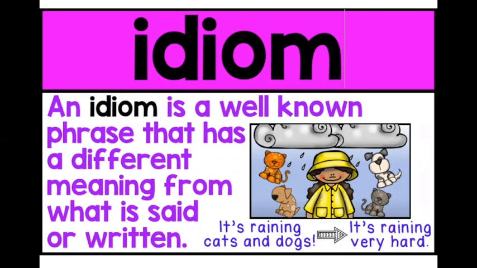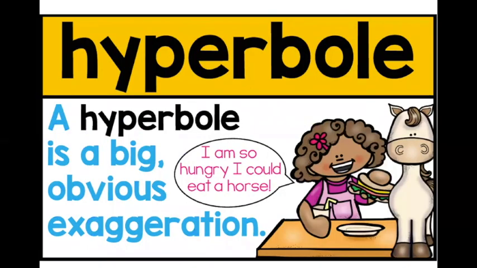And let's take a look at hyperboles now. A hyperbole is a big, obvious exaggeration. So, hyperboles are fun because this is a lot of times what many of us will use in our everyday talks with one another and ways that we like to communicate with one another. We like to exaggerate. This is a great way to add humor to our everyday lives.